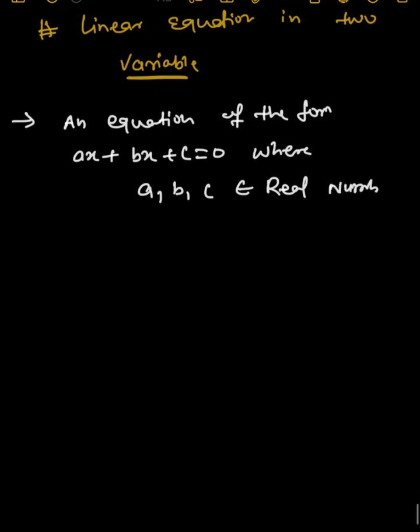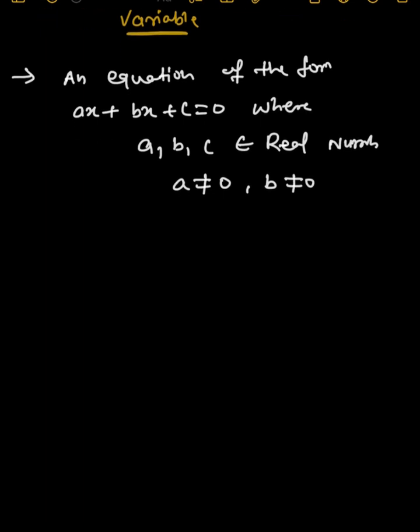And other condition is a must not equal to 0, b must not equal to 0, and c is constant, already mentioned. So this is called a linear equation in two variable.